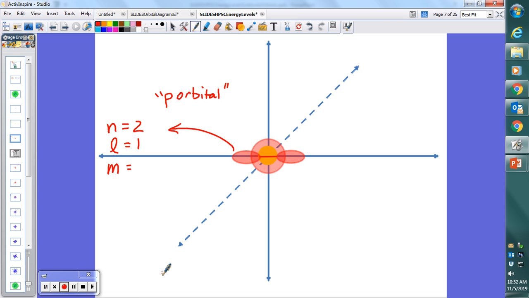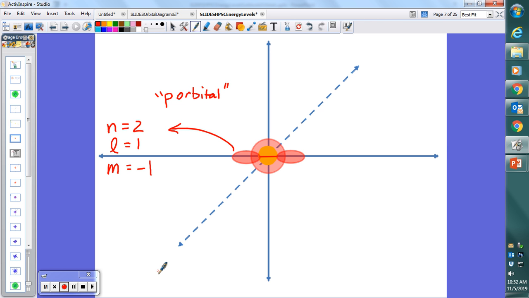So Connor, if we look at your outline, go back to page 3 of your outline. I think that's where we filled it in. What did I say m was for the x-axis? Here I'm going to label the magnetic quantum number for this axis negative 1.